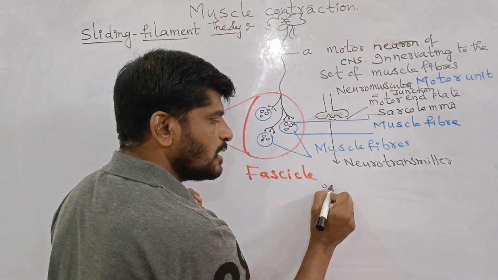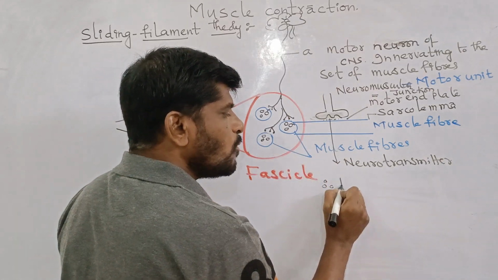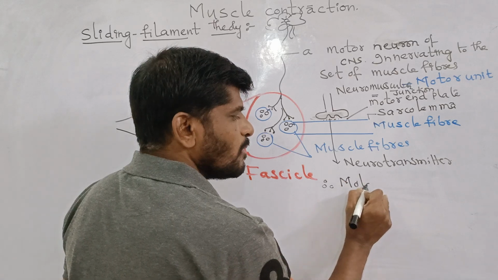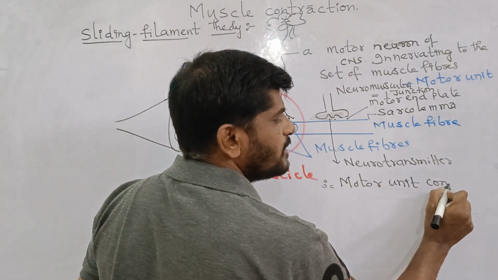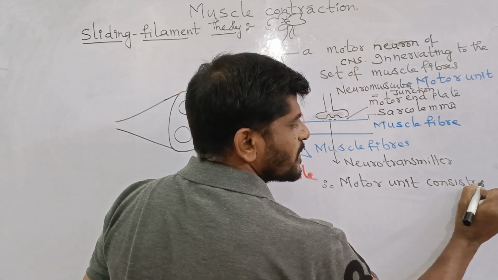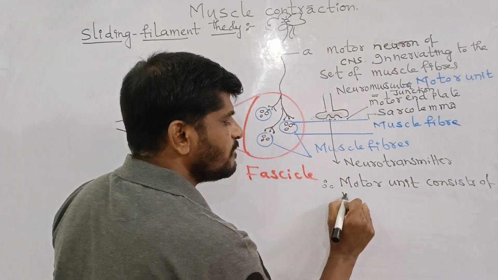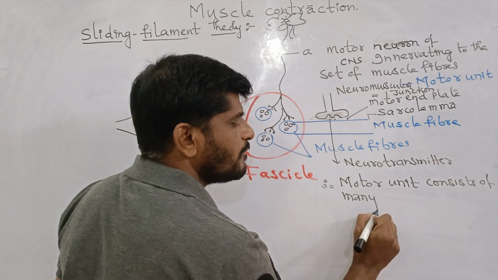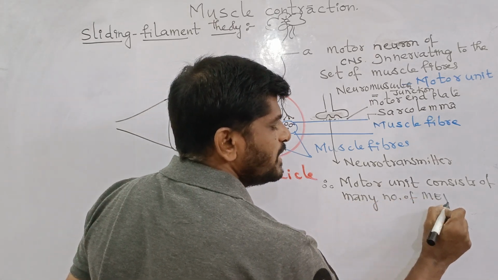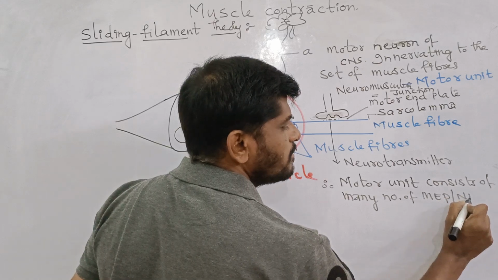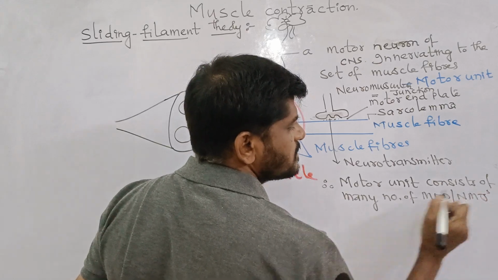Therefore, in conclusion, and it is very important, one motor unit consists of many motor end plates, which can be called neuromuscular junctions.